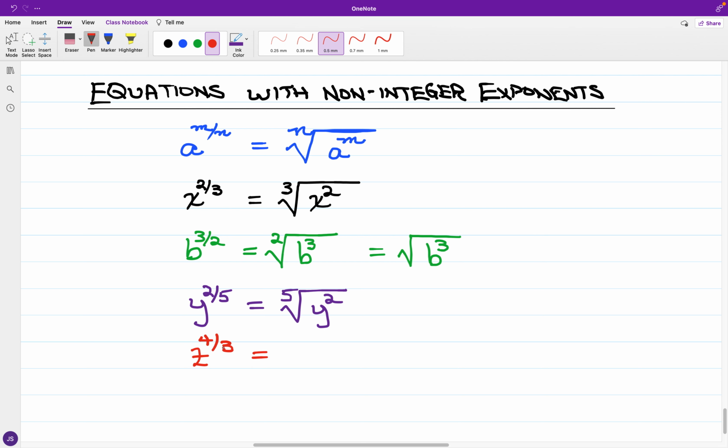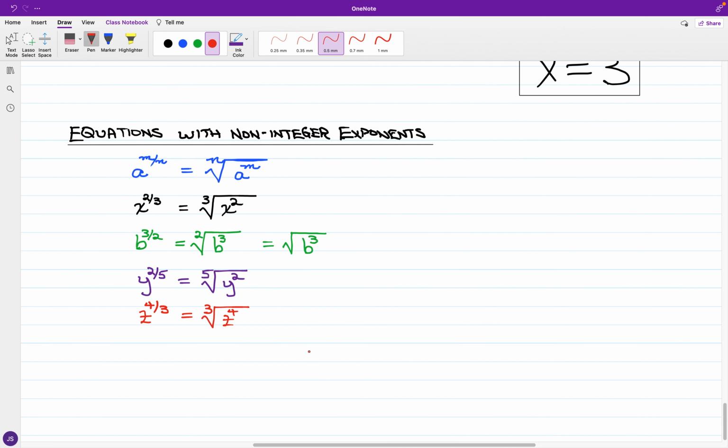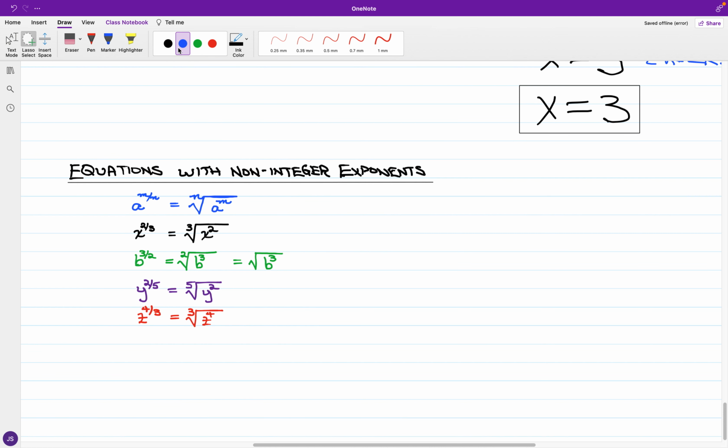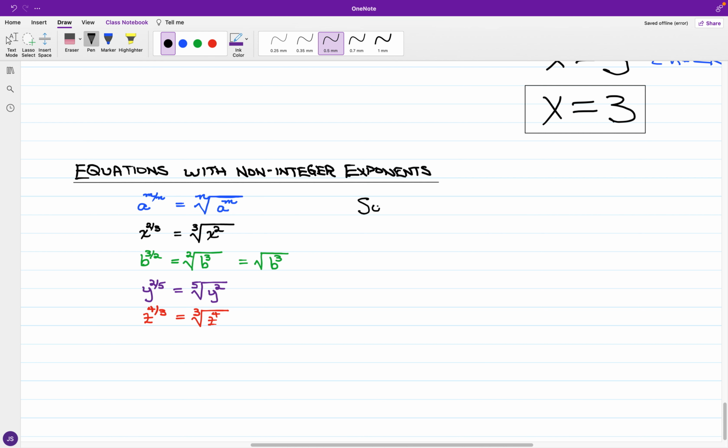Again, with the 3 we have another cubic root expression, and so that'll be the cubic root of z to the 4th. So for equations with non-integer exponents, you're going to be translating between the non-integer exponential expressions and their radical equivalents. Say, crossing over, I'm just going to put up a couple of cases here.